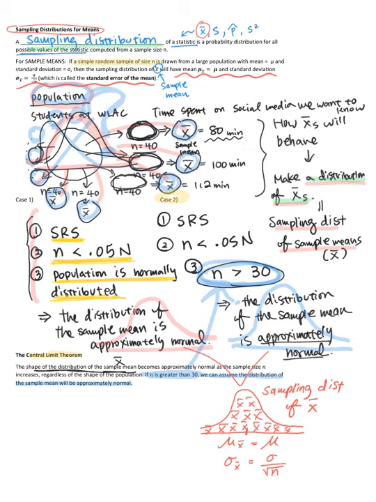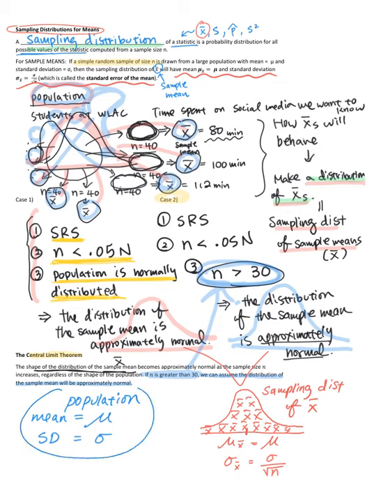Now keep in mind that the population has a mean of mu and a standard deviation of sigma.